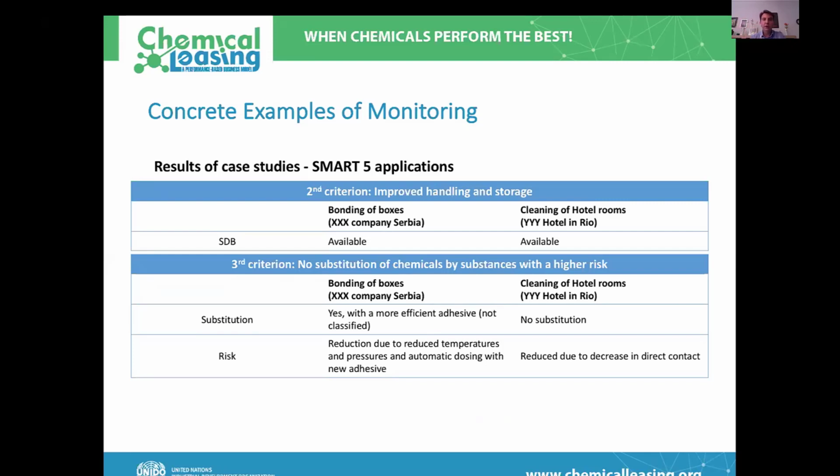So in the third criterion, you make sure that if there was substitution of chemicals, because you don't have to do it obligatorily, then there is no substitution of chemicals by substances with a higher risk. You can see in this slide the cases of both companies. In one, we didn't have any substitution, but in the other, we improved the adhesive with a less toxic one, and we also reduced risk.